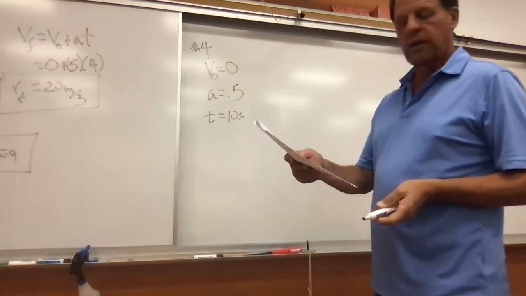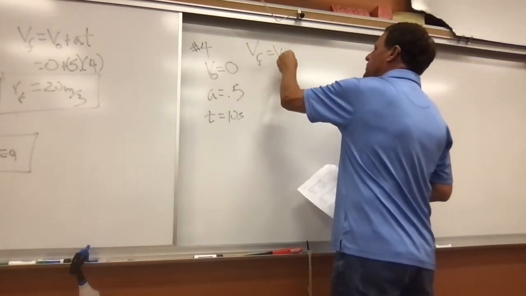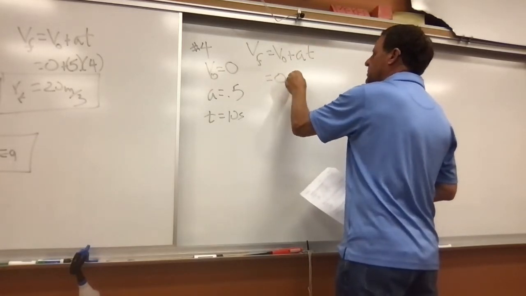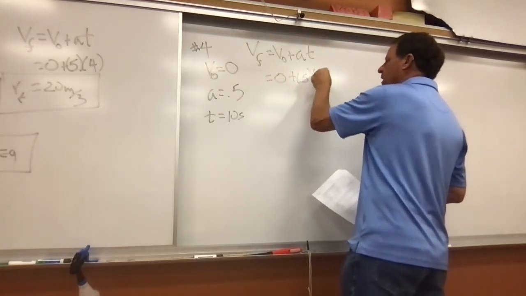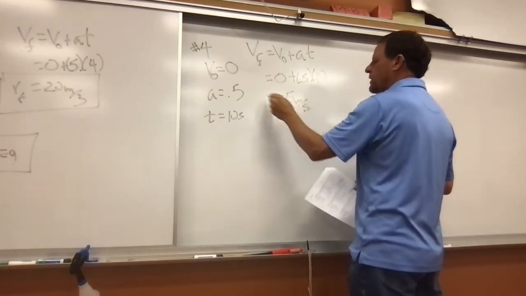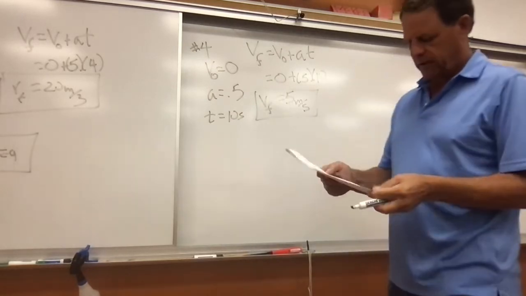You guys, we're looking for the final velocity. It's the same equation. V final is equal to V initial plus AT. We get 0 plus 0.5 times 10. 5 meters per second is equal to our final velocity.